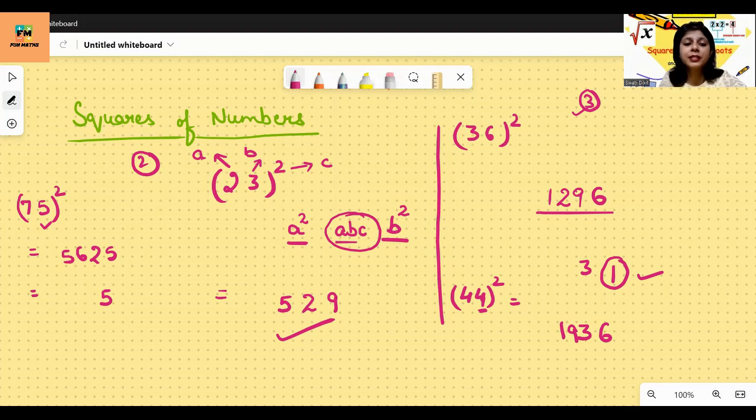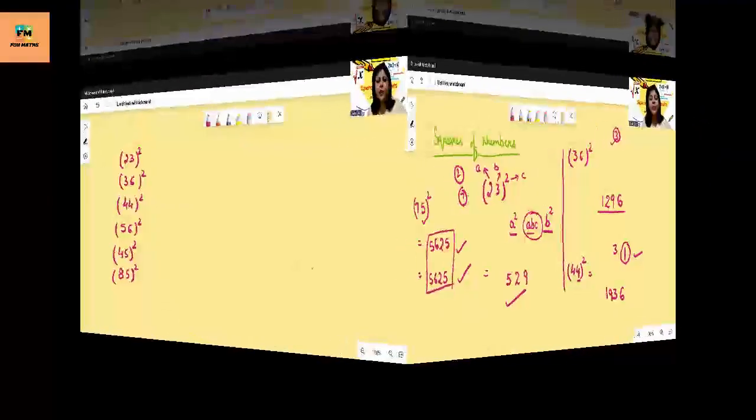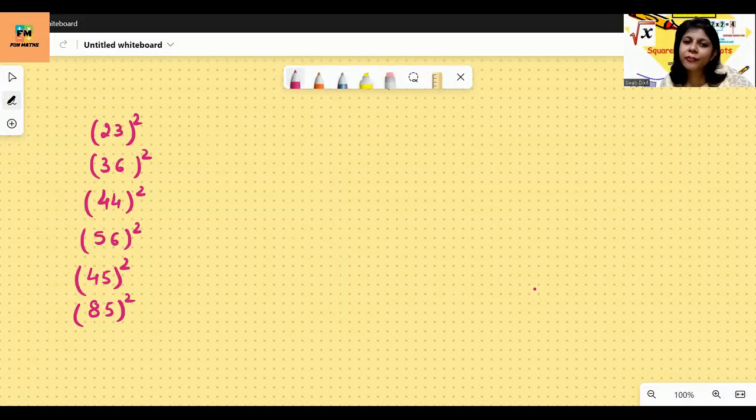Now 70 plus 2, that is 72, and 7 will be carry forwarded. Now when we do the square of 7, 7 into 7 is 49 and 49 plus 7 is undoubtedly 56. So can you see we got the same answer with both the tricks, 5625.